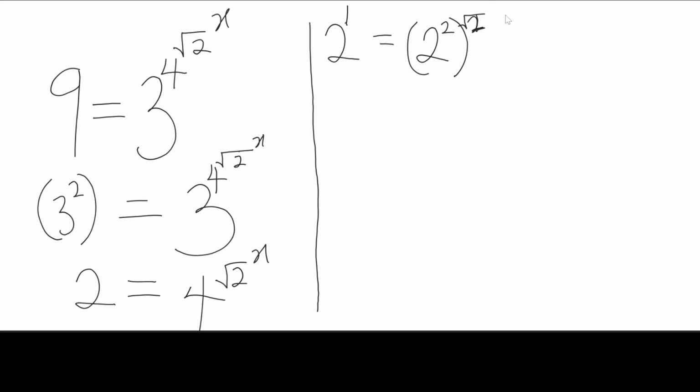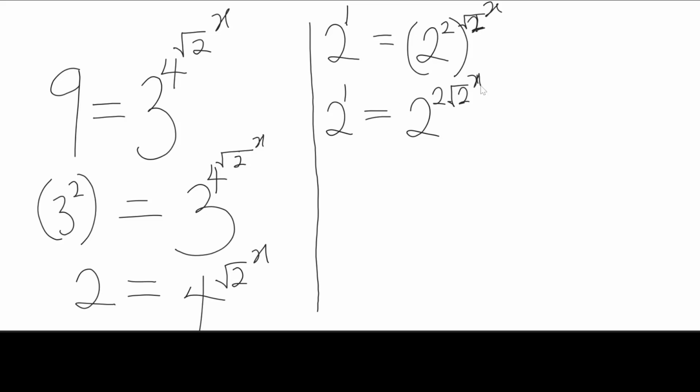Let me write the x properly. So I'm going to be writing this again as 2 to the power of 1 equals 2 to the power of 2 root 2, then the root 2 is going to be having the power of x.